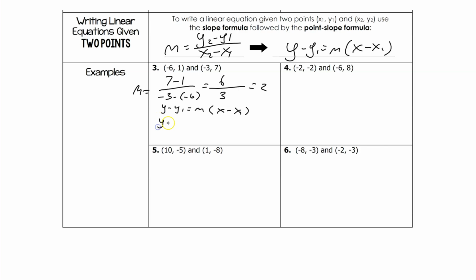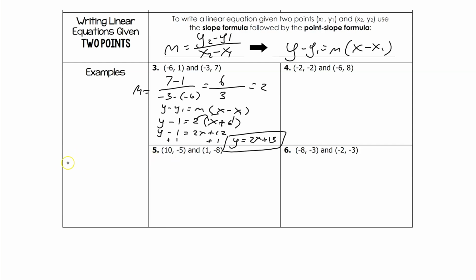We have y minus 1, because there is our y right there, equals m, which is 2, times x minus, well, in this case it's a -6, so it gets +6, because negative is positive. Now we can distribute this, getting us y minus 1 equals 2x plus 12. And when we add 1 to both sides, we get y equals 2x plus 13.